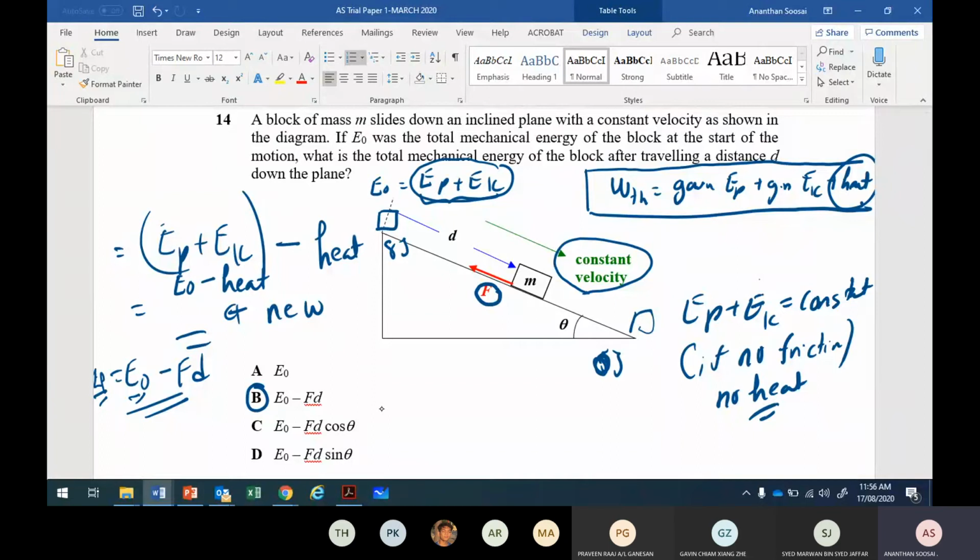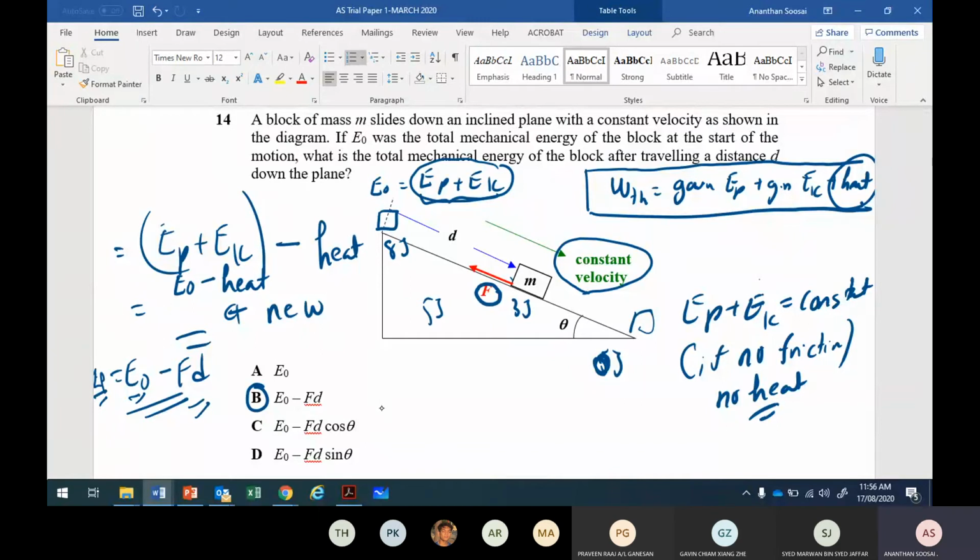The 8 becomes 0. All turns to heat. If it's halfway here, let's say your potential energy is 3 joule. 8 joule becomes 3 joule. So what happened to the 5 joule? 5 joule becomes heat because of the heat generated, F d. So yes, potential energy is dropping. The change in the potential energy is the heat energy.